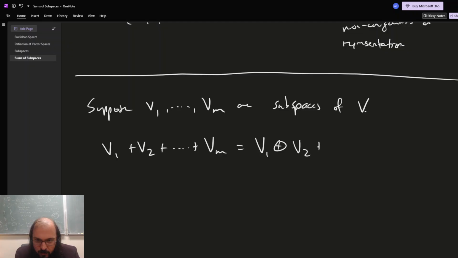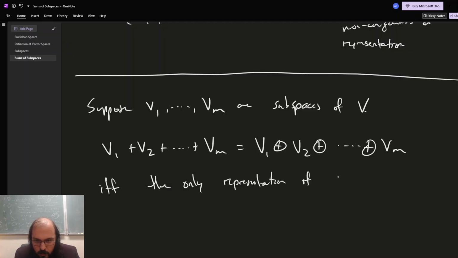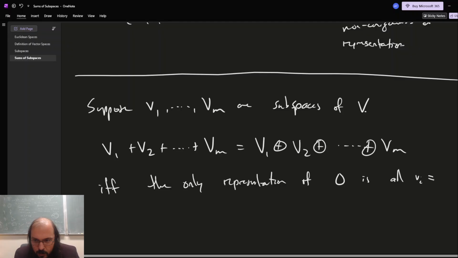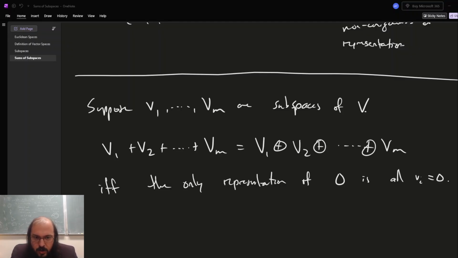In other words, the sum is direct if and only if the only representation of 0 is all little v_i equals 0. In other words, there's no non-trivial relationship between the v_i's.